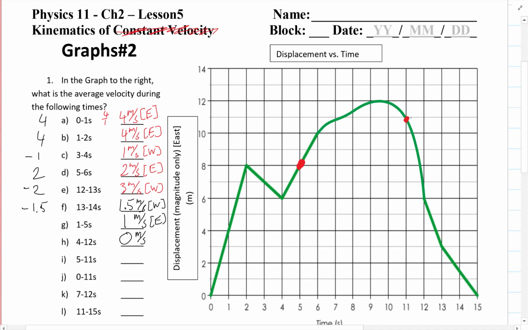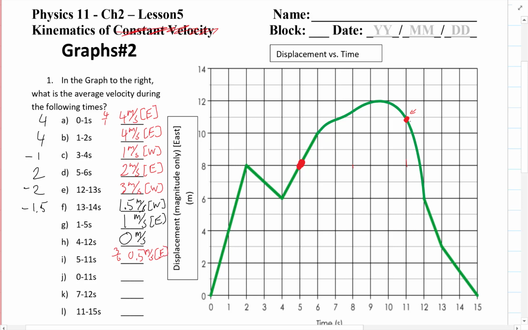Or is it crossing exactly at that point? We'd have to zoom in at this point. Well, let's just predict that it is exactly at 11. Might not be the best. But that goes down 3 over a run of 6, so rises 3 over 6. So 0.5 meters per second, and that's east.